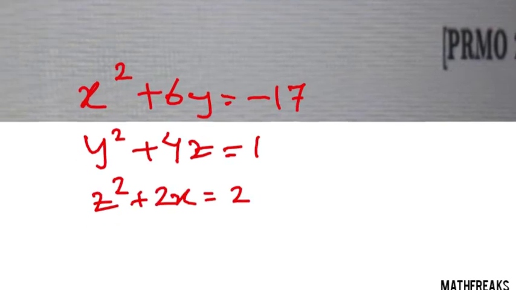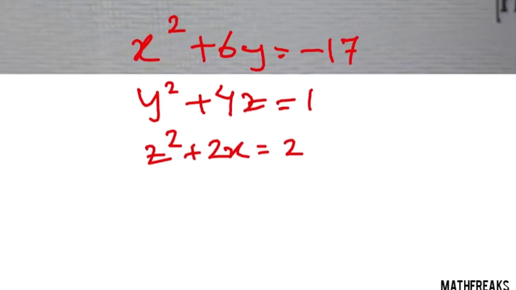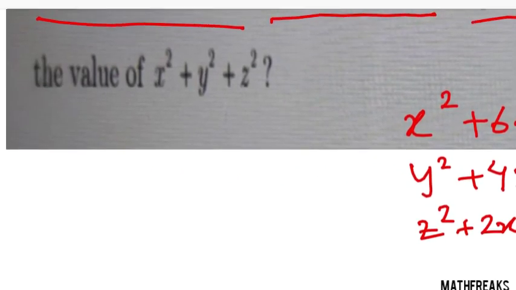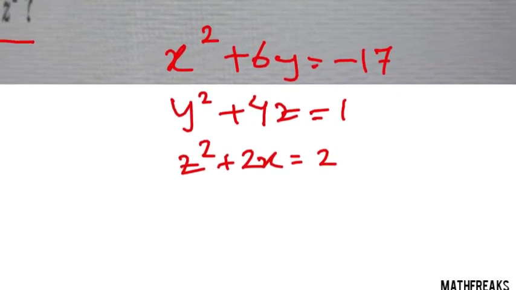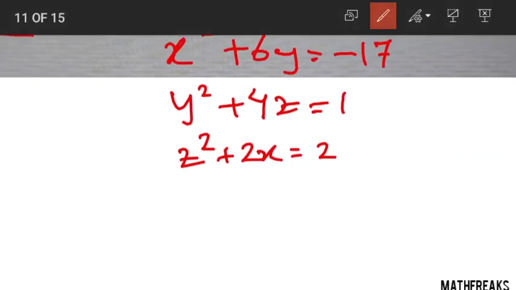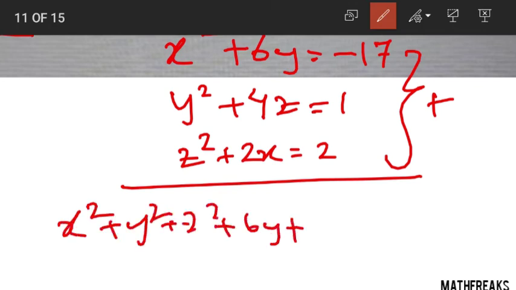You know what you have to do, just add up. Why add up? Because you are asked to find x square plus y square plus z square. So see, the basic idea is if you add up, you will get x square plus y square plus z square plus 6y plus 4z plus 2x is equal to minus 14, right?